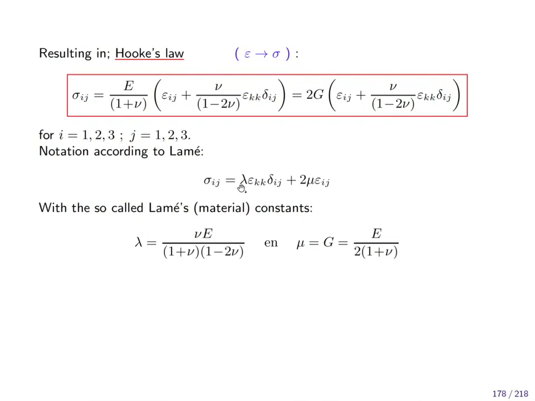So he took an abbreviation. He took everything which came together in this term to lambda, and everything which came together in this term here to 2 mu. So his G and mu are the same thing, only a different symbol. And here, the lambda is actually an abbreviation for many of these symbols.